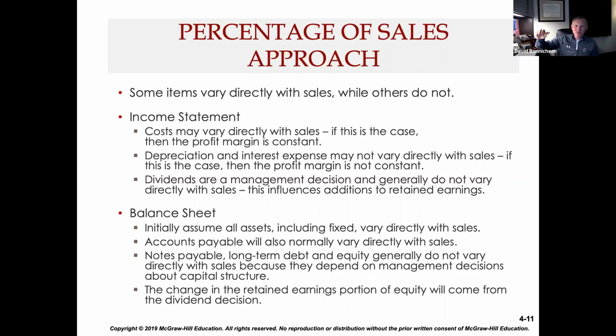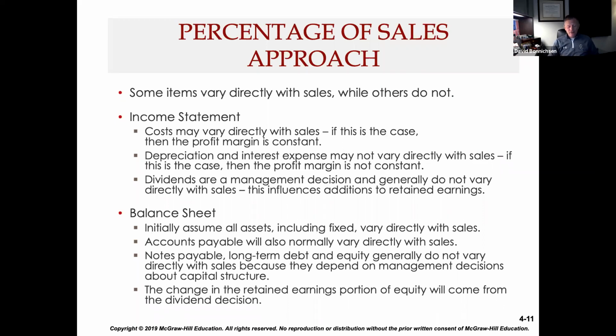So just because sales move up by 5% doesn't mean you pay 5% more in taxes, because you could have more depreciation or you could have paid more out in interest that impacts EBT, and EBT is what taxes get calculated on. So for the purposes of this class, everything from EBITDA and above is going to vary with sales. If sales move up by 5%, everything EBITDA and above goes up by 5%.